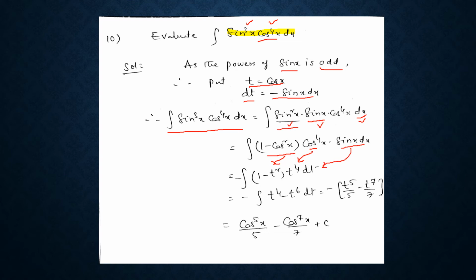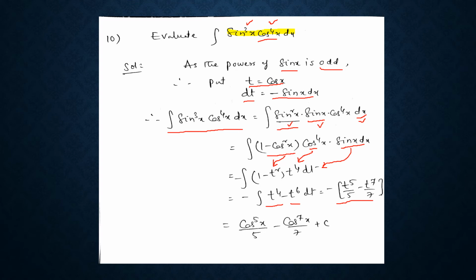So I kept minus out of the integral: minus of the integral of 1 minus t square into t to the power of 4 dt, which is minus integral of t to the power of 4 minus t square into t to the power of 4, that is t to the power of 6, dt. By integrating these two terms separately, we get minus of t to the power of 5 by 5 minus t to the power of 7 by 7 plus c.